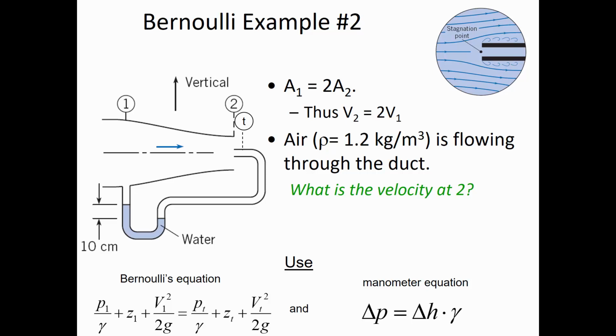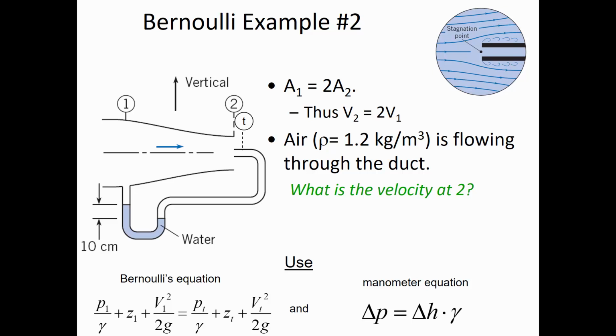So we can rearrange this equation to be Pt minus P1 is equal to density times velocity 1 squared divided by 2. And so the change in pressure is going to be related to the original velocity at 1.